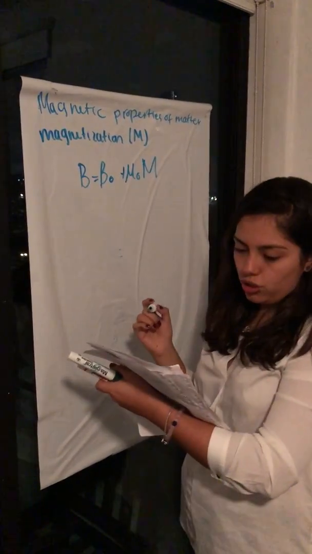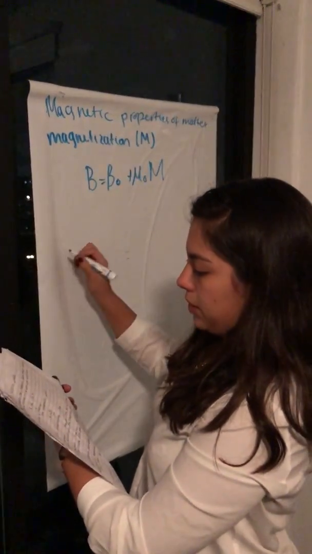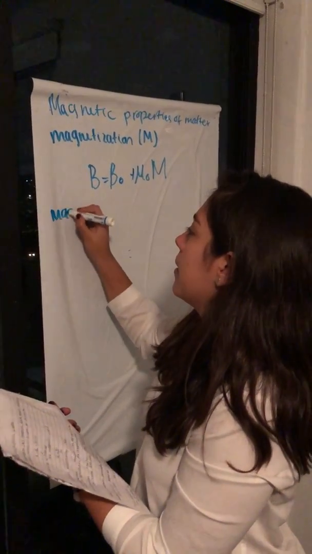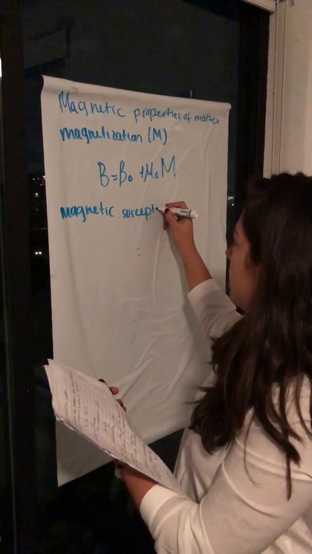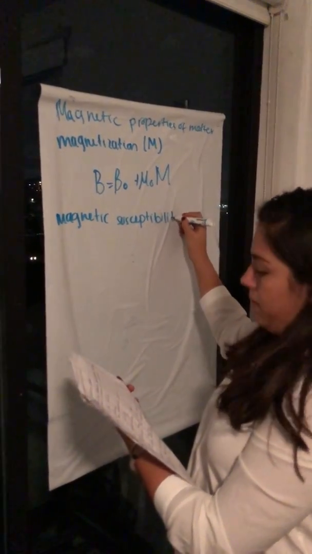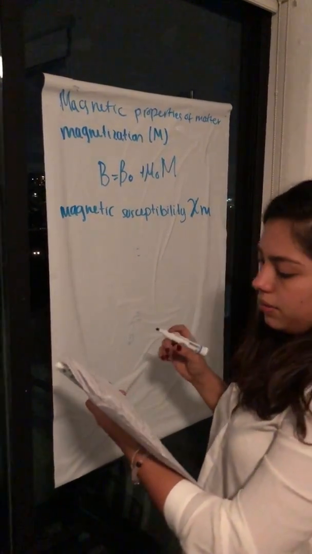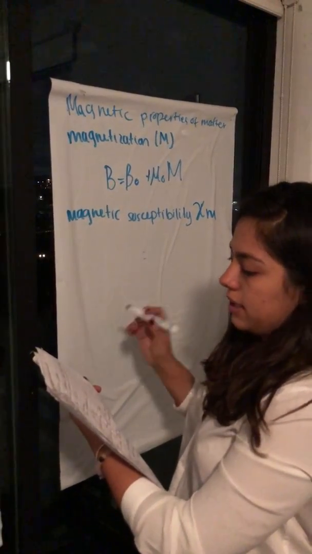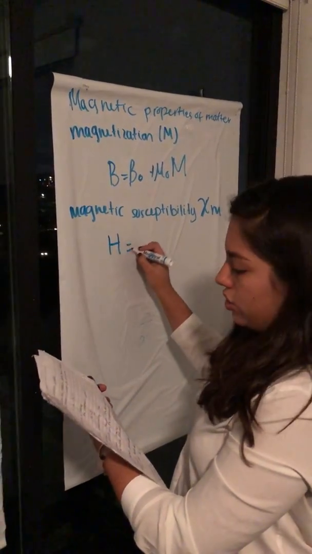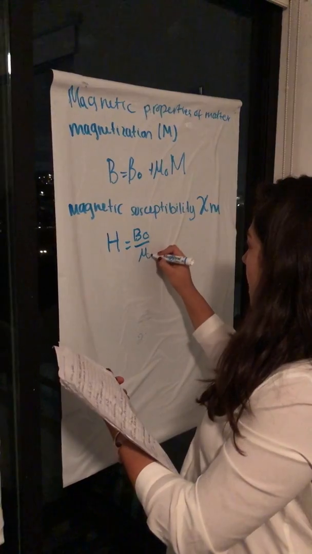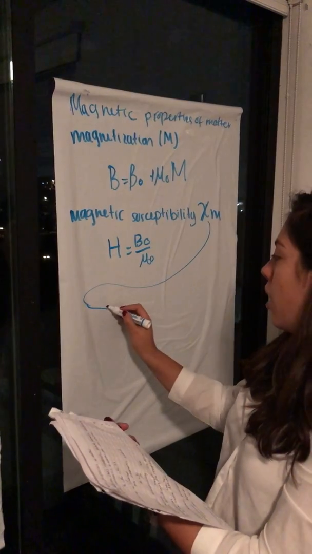This is the magnetization. We also have magnetic susceptibility, that is given by Cm, and we'd have the intensity of the magnetic field that would be given by the letter H. With this one, we have 2 options.